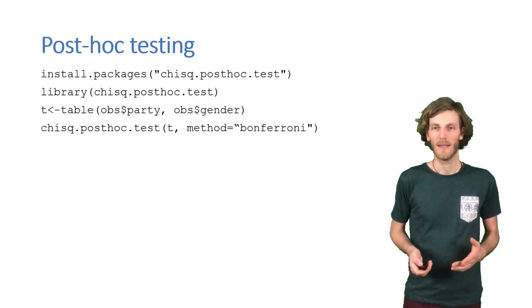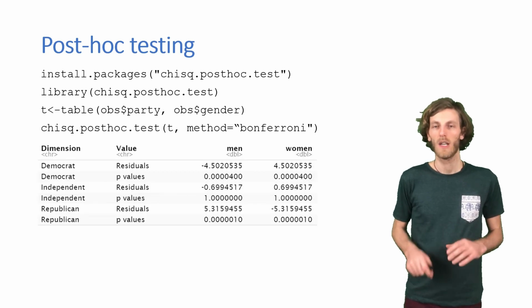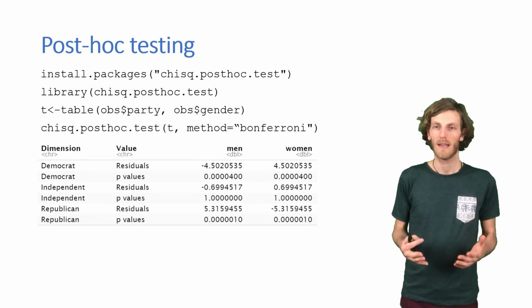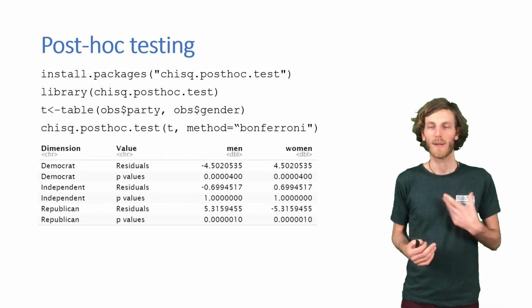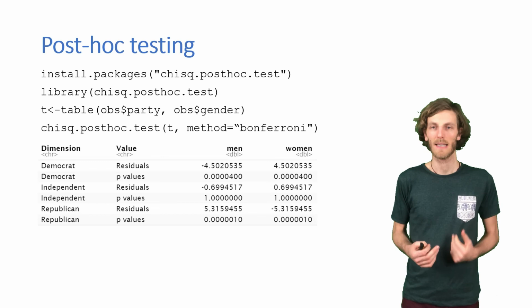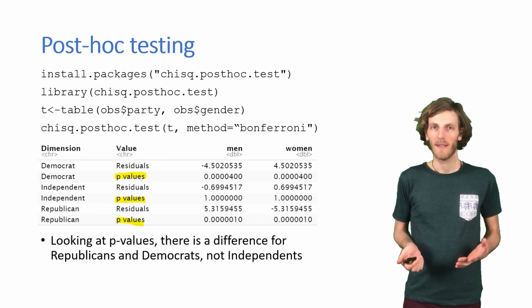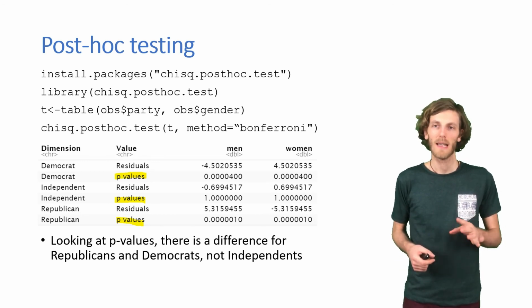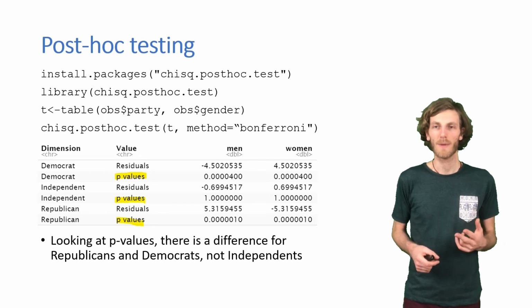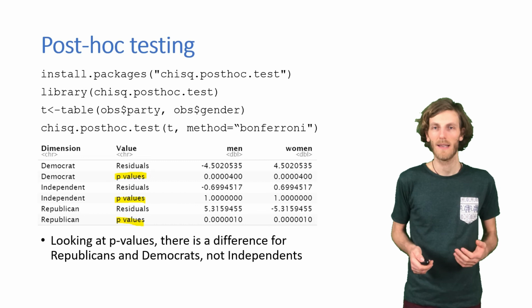If we run this command, we get the results of the 3 tests I just mentioned: Democrats against everyone else, Republicans and Independents. And we can first look at the p-values. For the p-values we see there's a difference between men and women in how much they identify as Democrats and Republicans, but not Independents.